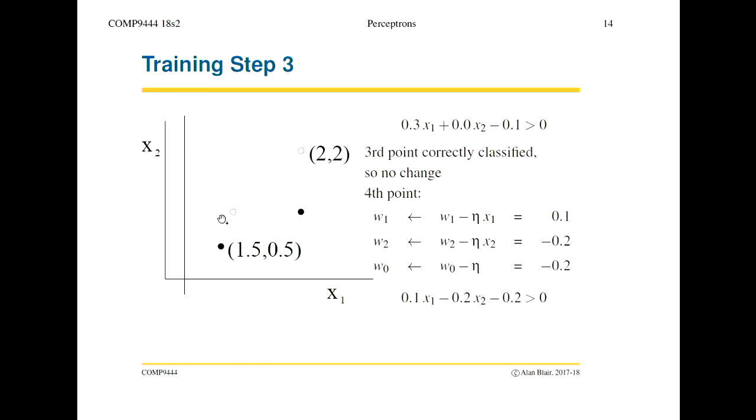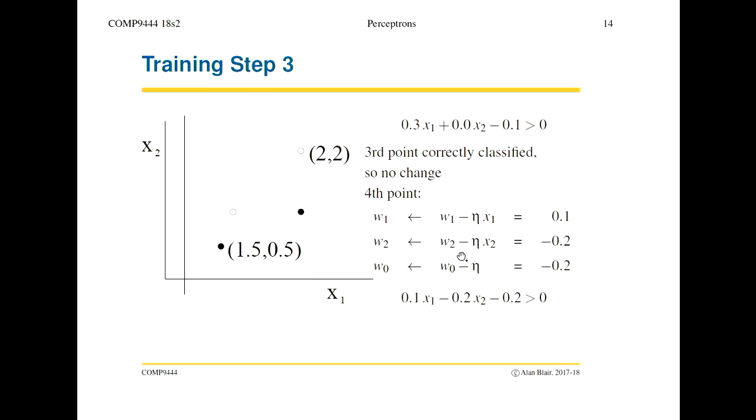Now, maybe the next example is correctly classified. This point here is positive. If you plug these numbers into here, it turns out it's classified as positive. So for that data point, we don't change the weights. And then the fourth data point is here, and it's negative, but it's classified as positive.